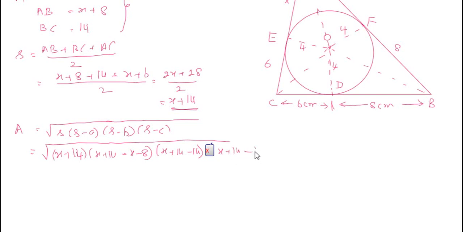AC is x plus 6, x minus 6. So this is x plus 14. Here x cancels. 14 minus 8, that is into 6. Here 14 cancel each other, so into x. Here x cancel each other, and 14 minus 6 is 8.